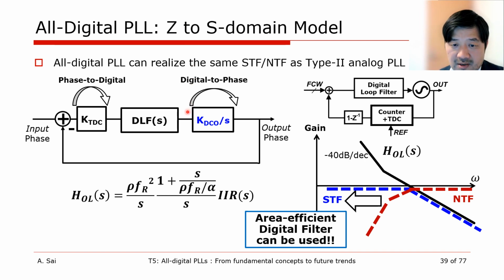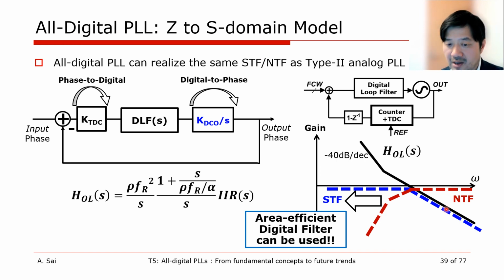So here is the Z to S domain model of the digital PLL. The transfer function of the digital PLL in the S domain model is the same as the type 2 analog PLL. So its STF, NTF, and open loop transfer function are the same as the analog PLL.